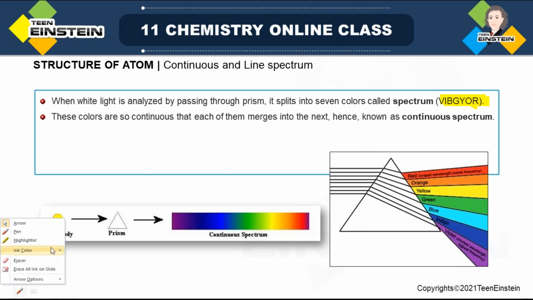Here in the right hand side picture, we have white light, and after passing through this prism, it splits into 7 colors, and this is known as a spectrum. Violet, indigo, blue, green, yellow, orange, red: Vibgyor. Now you can consider the source as if it is a black body, because a black body is such a source.